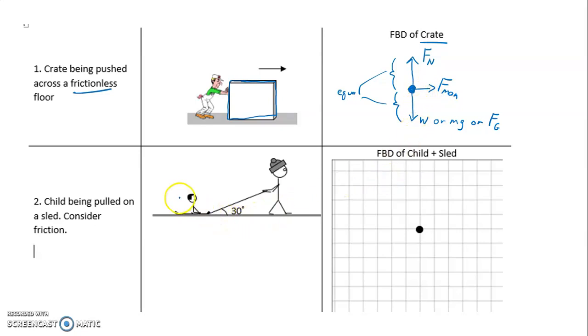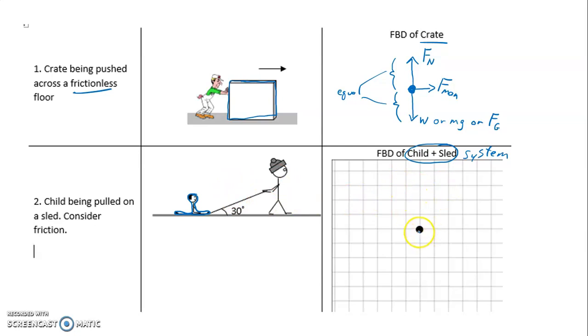All right, now let's look at the child sled system. Okay, so our system that we're drawing a free body diagram for, I'm circling it here. That's what we're analyzing. That is the child sled. It's a system of objects. So now the same thing applies as the last one.